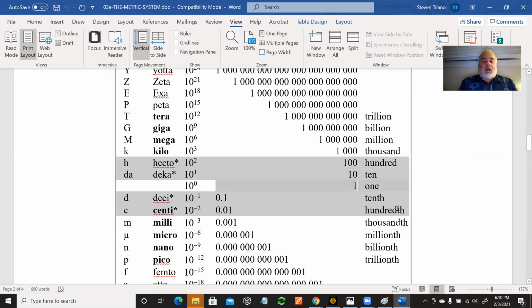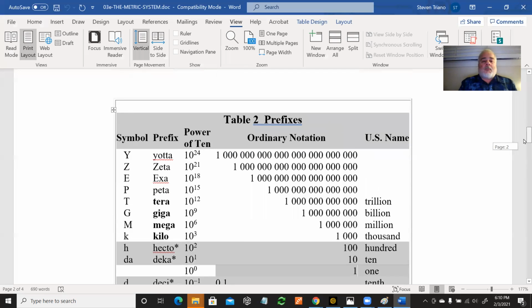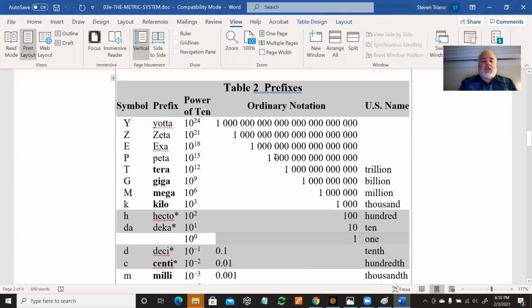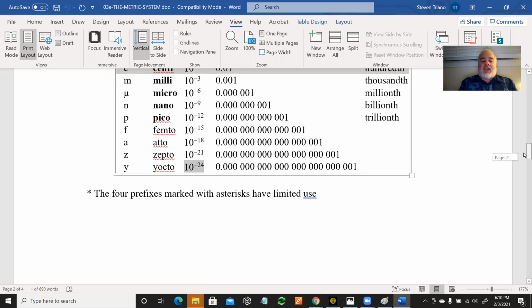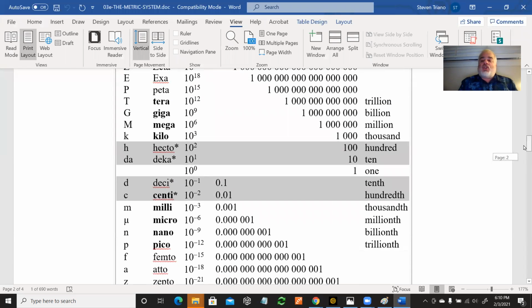And how big is this? 10 to the 24 power to 10 to the negative 24 power. That is a range of 48 powers of 10.